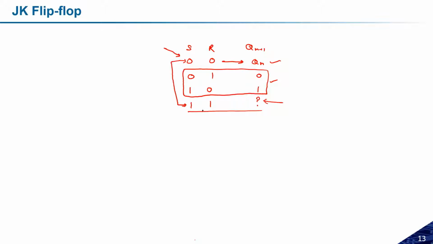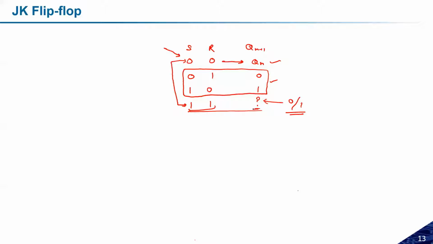To fix the output to an exact value, either 0 or 1, the JK flip-flop is utilized. The only benefit of the JK flip-flop concerns the 1 1 state of the SR flip-flop, which gave the forbidden state, where we were not able to understand what output we would get.